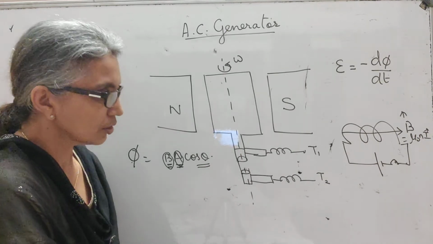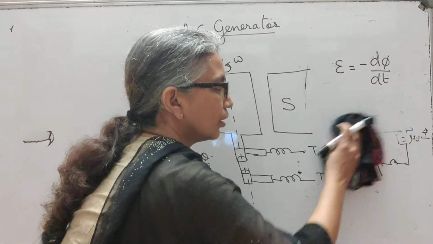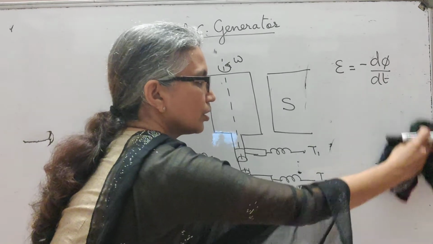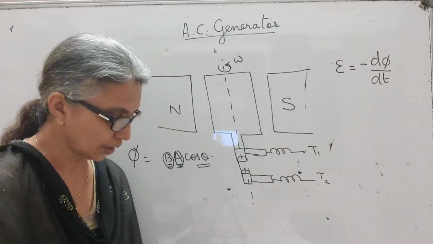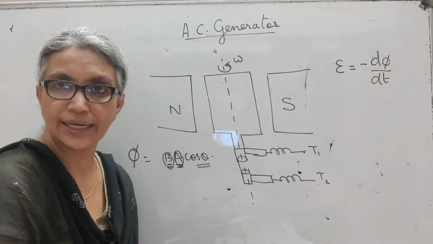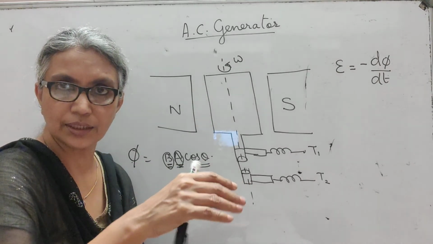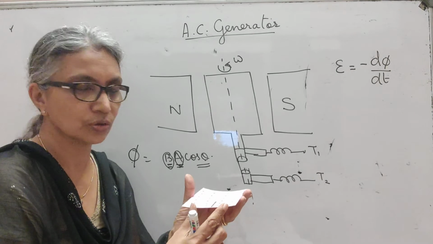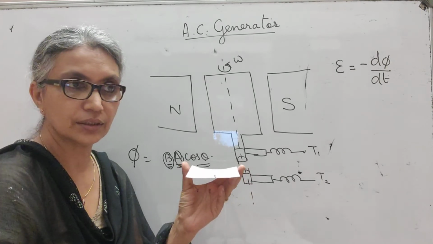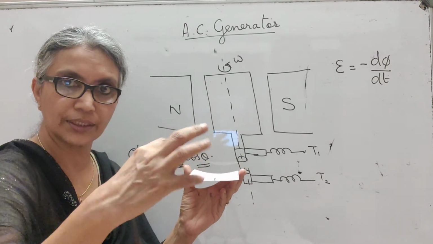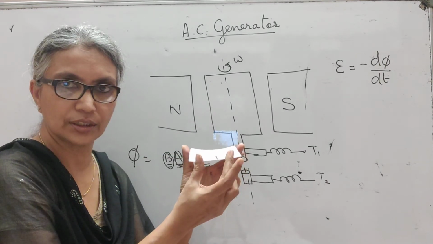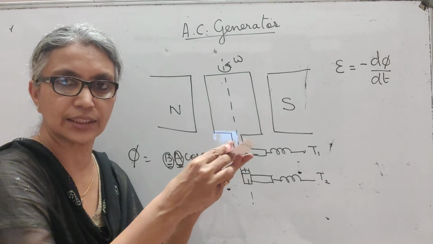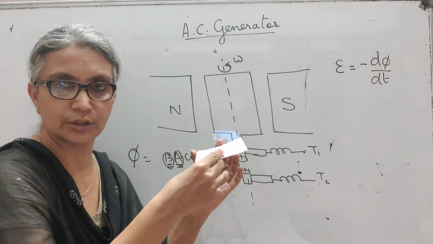In the AC generator, like the generator at our hydroelectric power station in Idukki, water from the dam falls onto a turbine, and the turbine is connected to a coil, and as the turbine turns, the coil connected to it also turns inside a strong magnetic field.